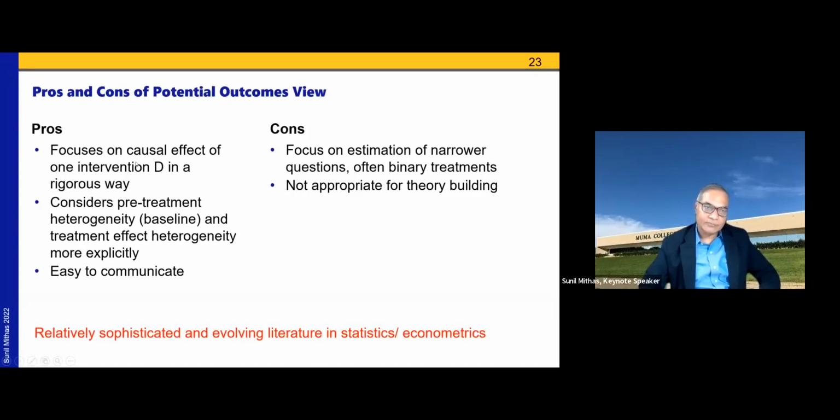So among the pros and cons of the potential outcomes approach, you can only investigate effect of one intervention at a time on a particular outcome that you might care about. The findings are easy to communicate if you follow the more recent work in this literature, but people consider some cons also of this approach, which is that it estimates very narrow relationships, focuses on very narrow causal questions, not appropriate for theory building, but appropriate for testing some of the theories, or maybe at least giving you some magnitude of the so-called causal effect, if you believe in the underlying assumptions of each of these approaches.